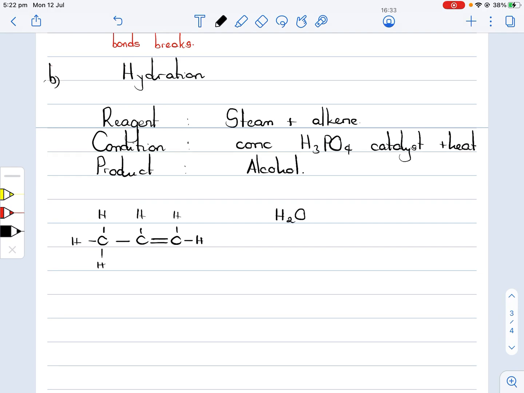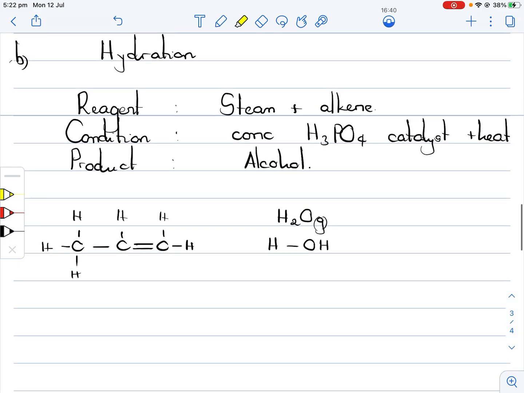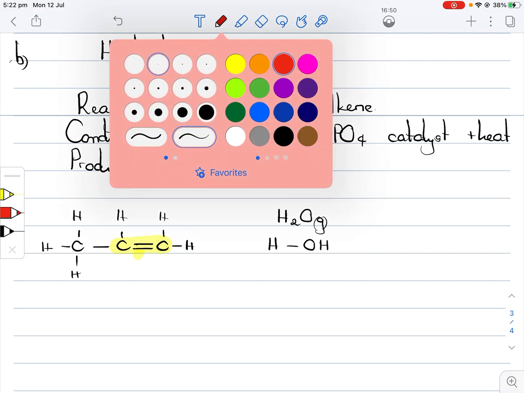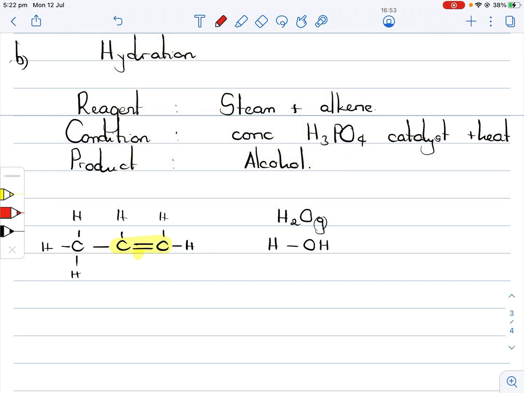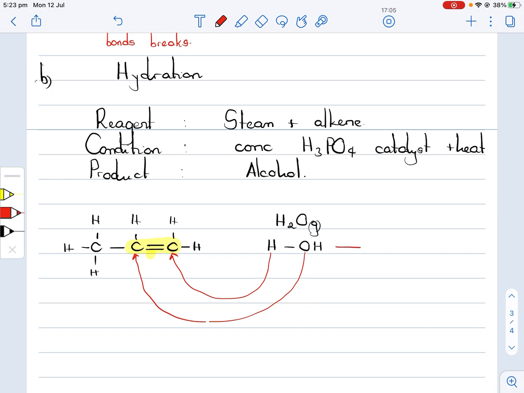Steam is water in the form of a gas. So when water is added, please bear in mind the only 2 carbons that undergo the reaction are the 2 carbons that are sharing the double bond. The water splits into an H and an OH. I can decide to say my hydrogen is going to go on the first carbon, and my OH is going to go on the second carbon.